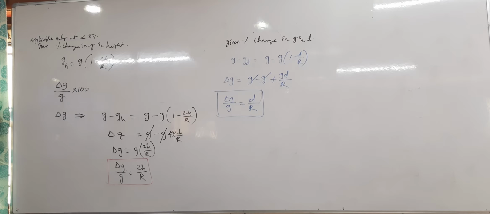At what depth below the G will decrease by 1%. 1% is nothing but less than 5%. So which formula do you have to use? Delta G by G is equal to D by R. Find out the D value. 64 kilometers. That's correct. Very good.